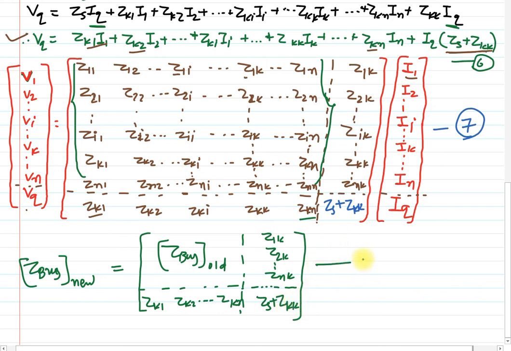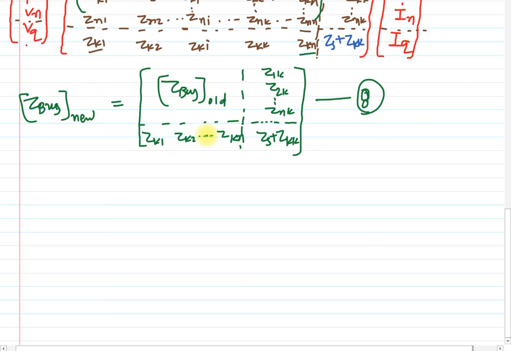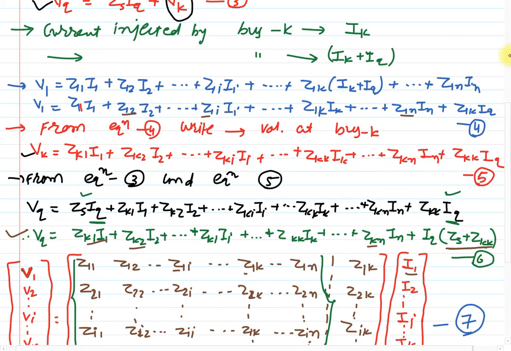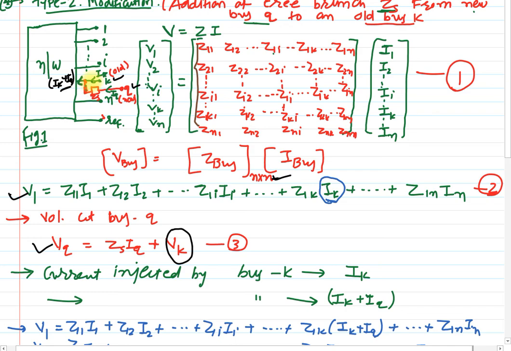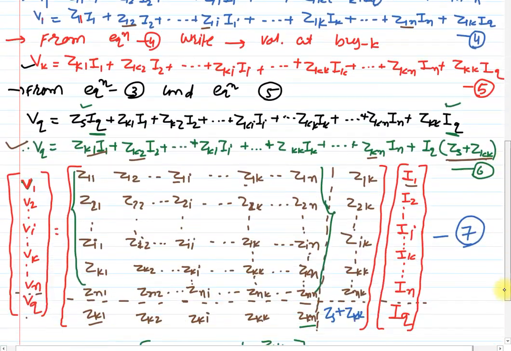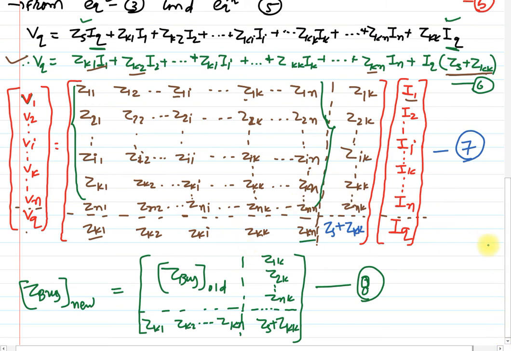So the equation number 8 is your final equation, which shows the modification in your Z bus matrix after addition of new bus q into the old bus k. Clear? So here also the two conclusions.